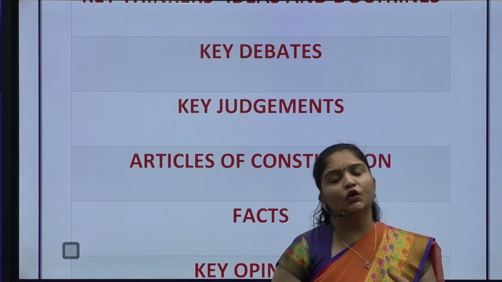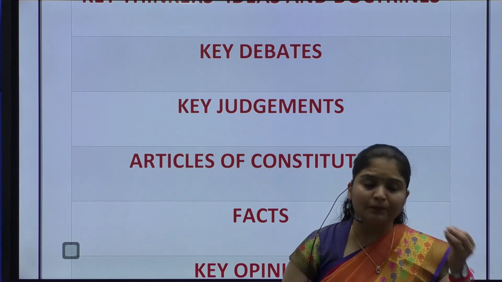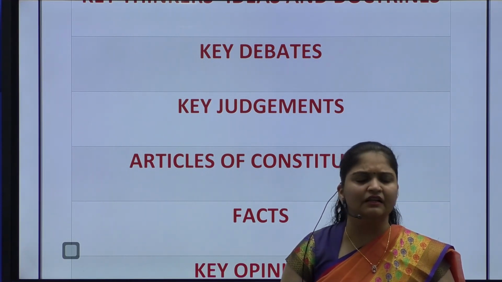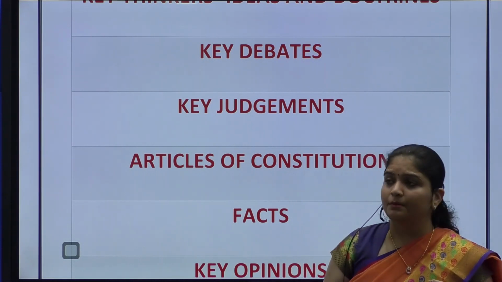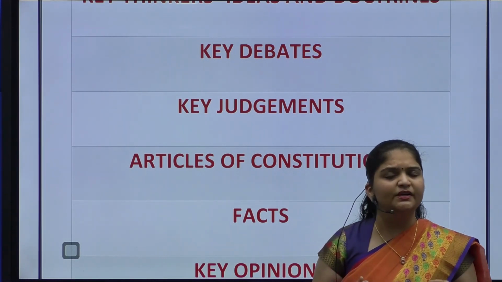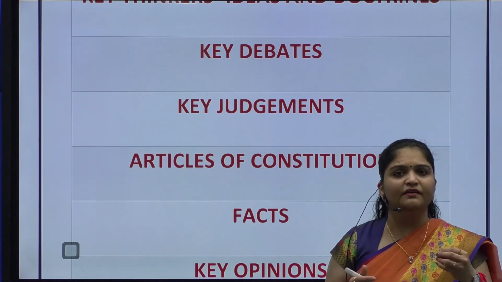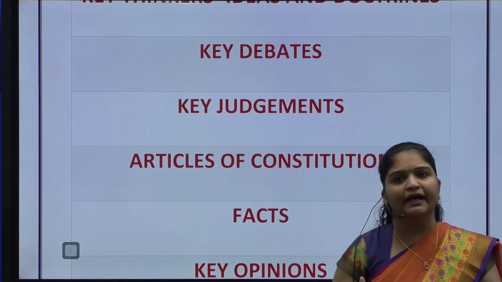There are a lot of PIL cases also that happen. Follow them, incorporate them in your answers, okay? Even issues like obviously Aadhaar, transgender, Sabarimala, all this you will naturally use, because they are very key judgments, but across anything that you come across, any debate where you have read about the judiciary's opinion.